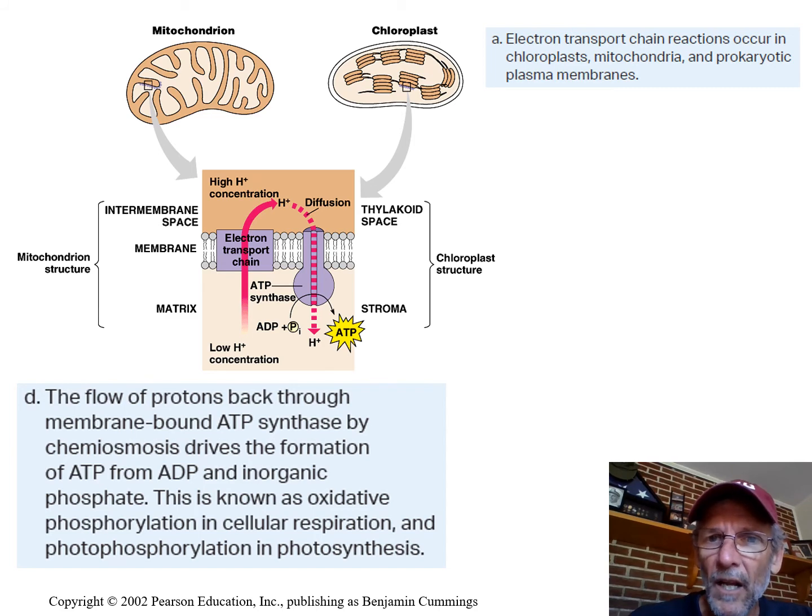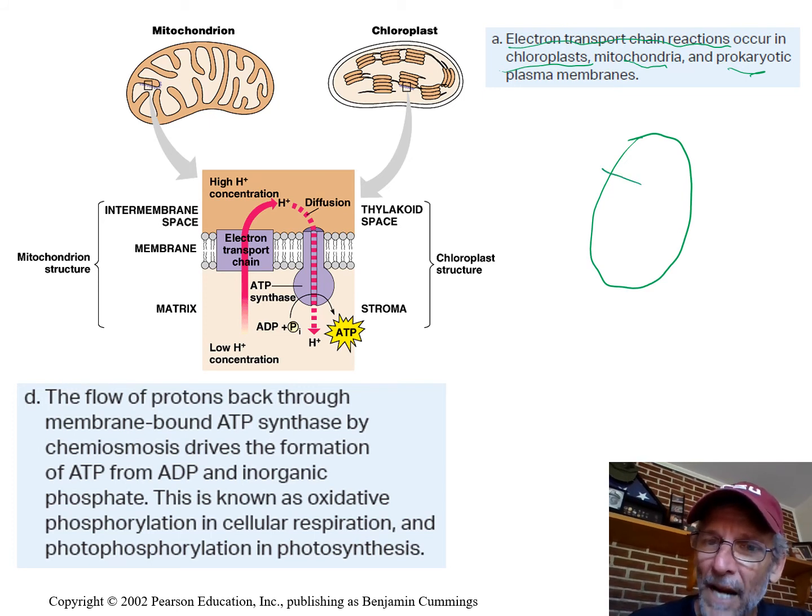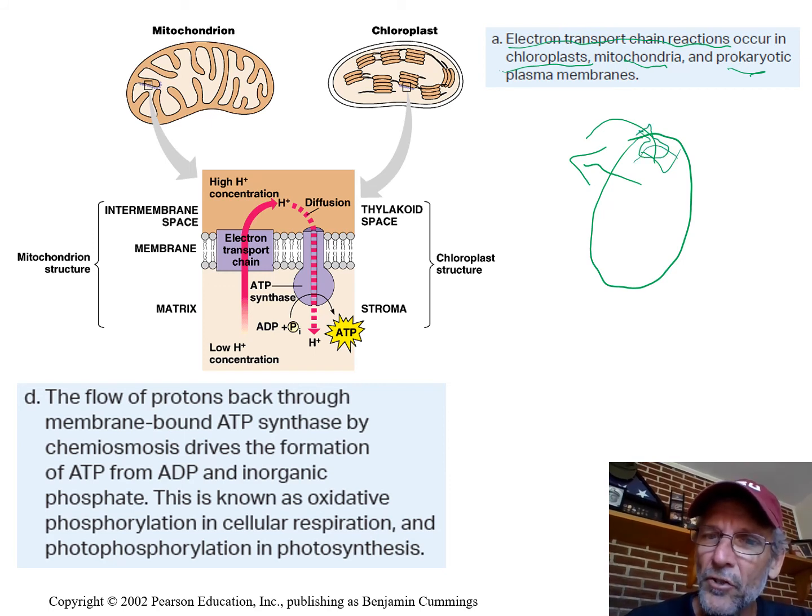Okay, so here we have a comparison, finally, and I brought back some parts of the syllabus. Electron transport chain reactions occur in chloroplasts and mitochondria, and if you're a little prokaryote, you simply have protons being pumped out of you and then flowing back in through these ATP synthases, and you can do all this stuff just the same.